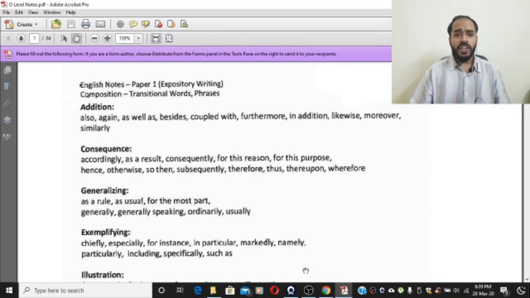Now, what we have over here is composition transitional words. Addition is a word which means an extra word. Rather than using addition in each sentence, like for instance, I have a pen, additionally I have a book.